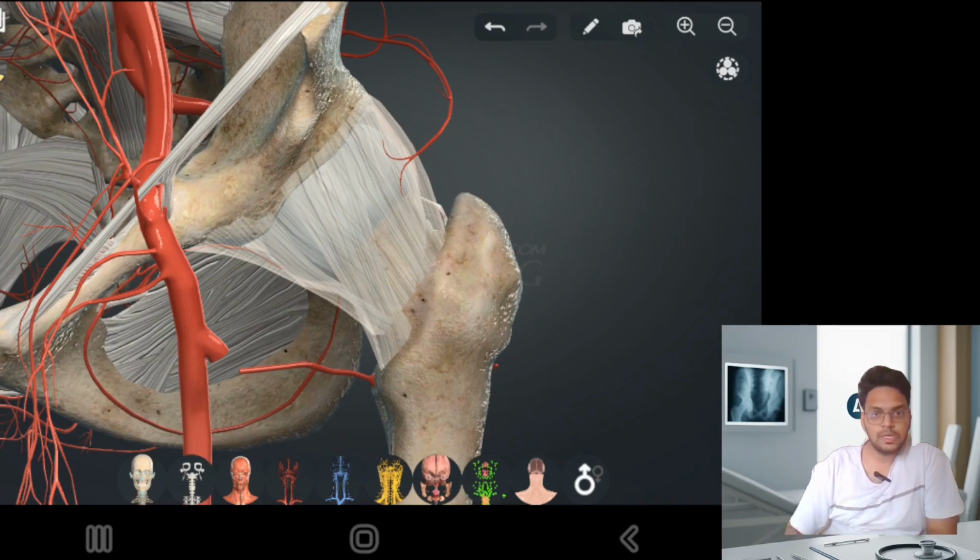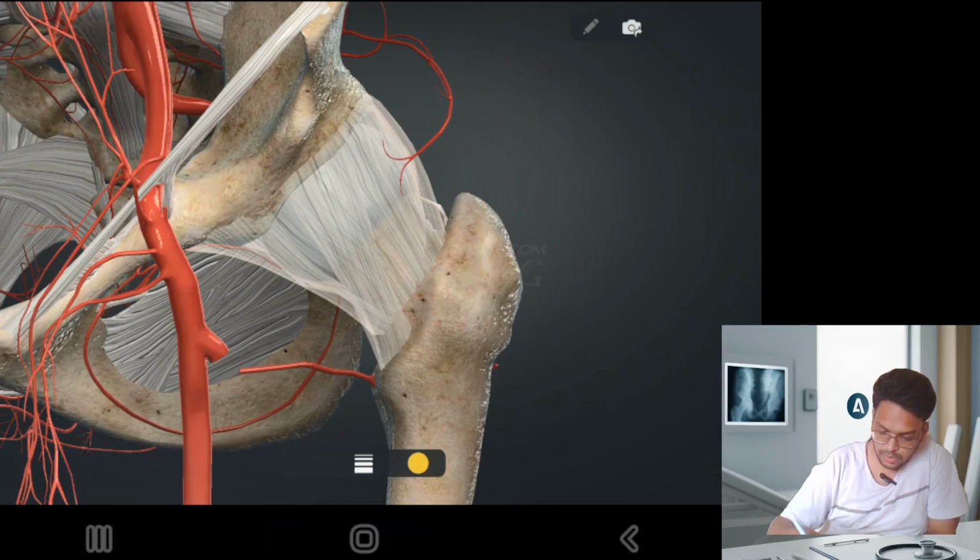As you can see here, these are the ligaments and the capsule covering the hip joint, and they are covering only till the trochanteric ridge.